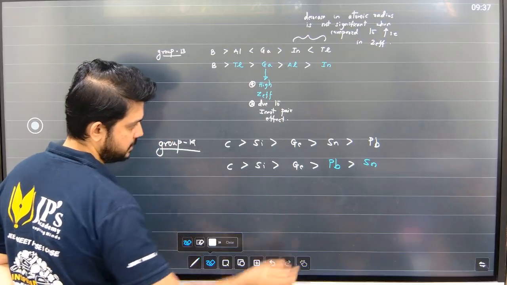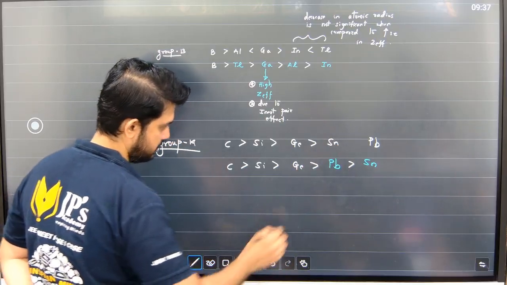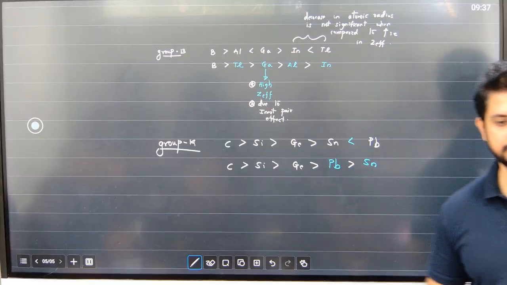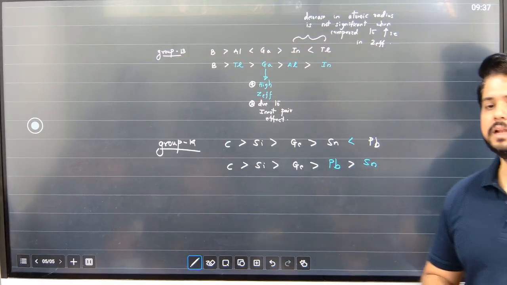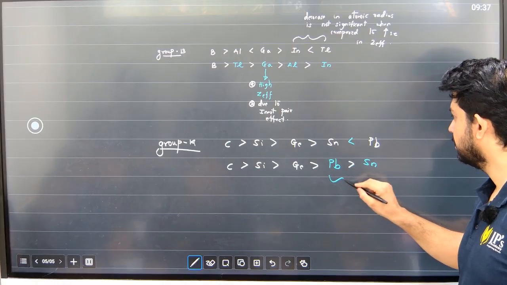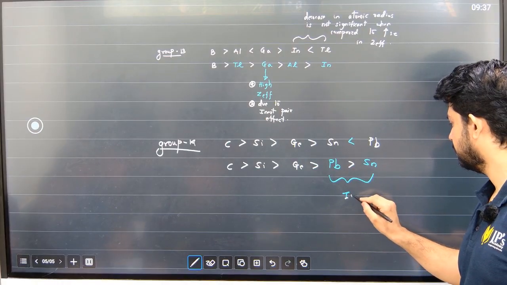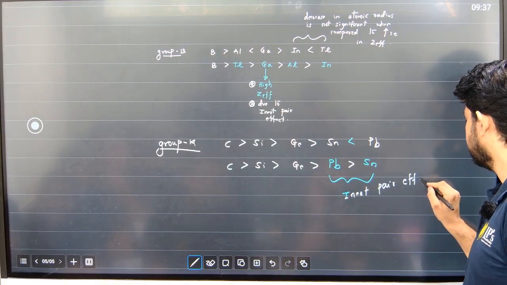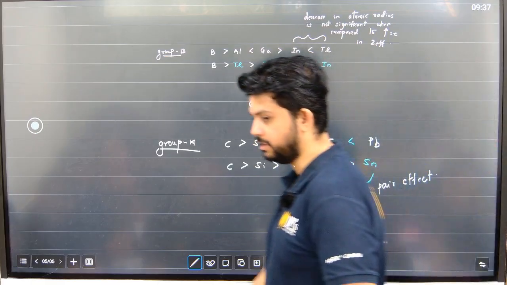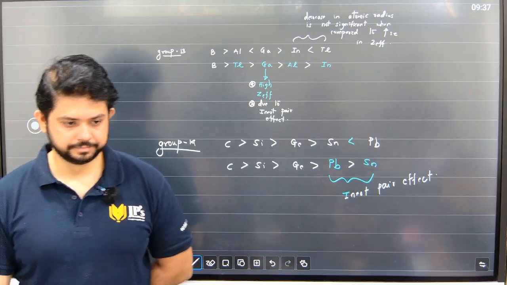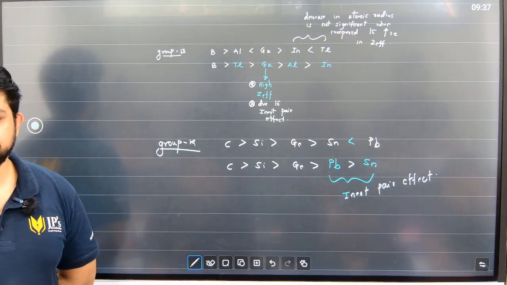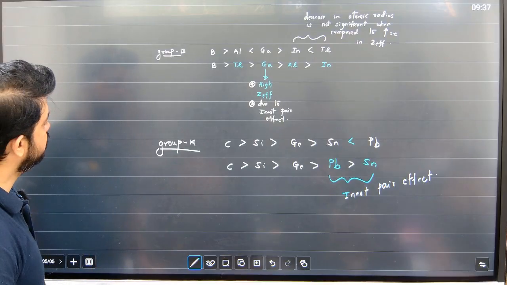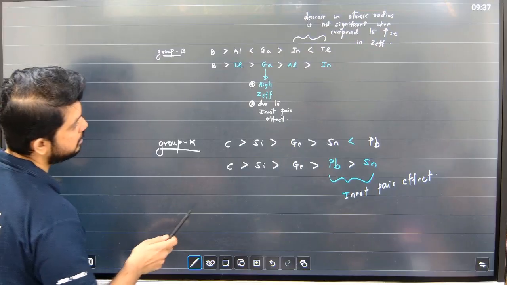So either you read it like this, or you read it like this. And again give me the reason. What reason will you write here? Inert pair effect. With me? Okay, that was group 13, group 14.